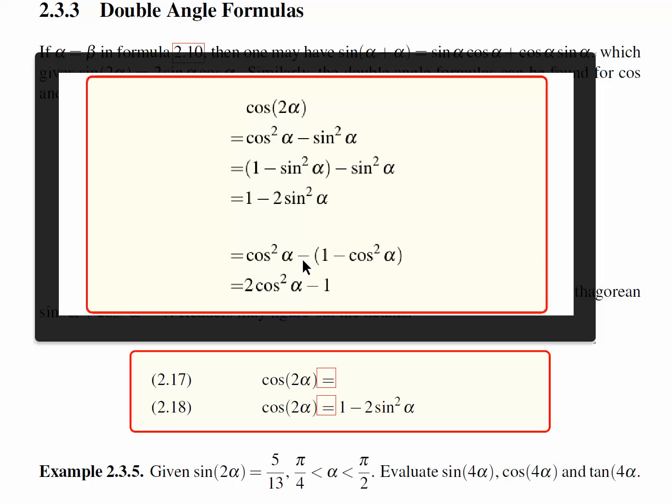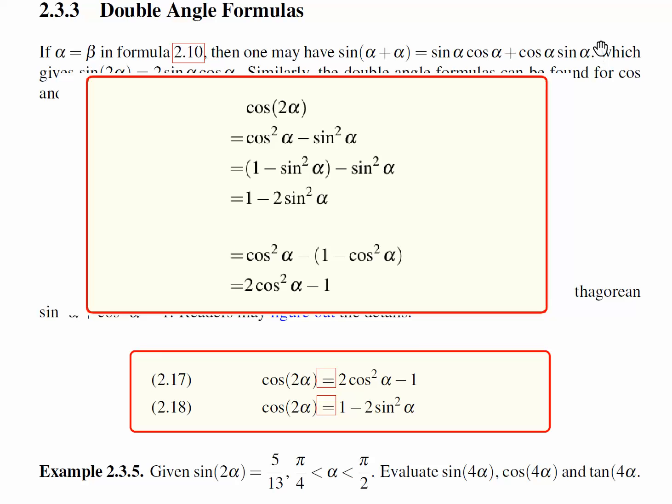Here is negative, here is negative, so you get positive cosine alpha squared. Then positive cosine alpha squared combined with cosine alpha squared, that's how you got 2 here. So 2 cosine alpha squared minus 1. That will be the one right here. That's basically the proof for the double angle formula.